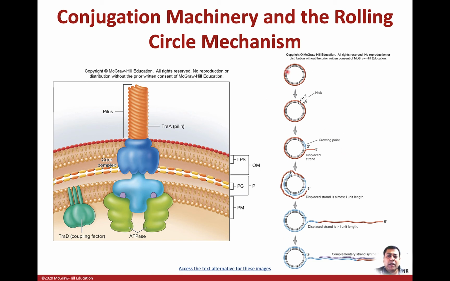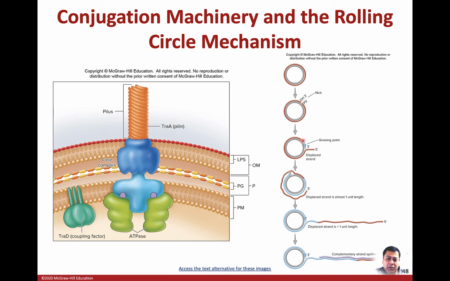So here we are looking at the double-stranded DNA. And to do this, first, there is just a nick in the outside single strand of the double-stranded DNA. There is a break. And then the first strand is displaced. As the first strand is displaced, you can see that right here you have this growing end because you have a 3' hydroxyl here.